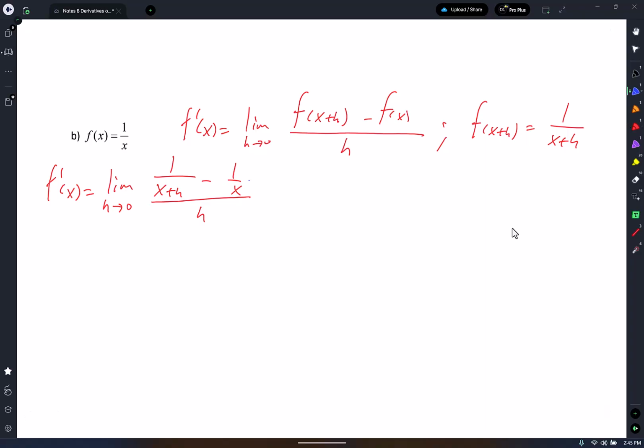Common denominator, I'm going to multiply this one over here by x plus h over x plus h. I'm going to multiply this one here by x over x. When you do that, here's what I get. Limit as h approaches 0, x over x parenthesis x plus h minus x plus h over x parenthesis x plus h. All this is over h.